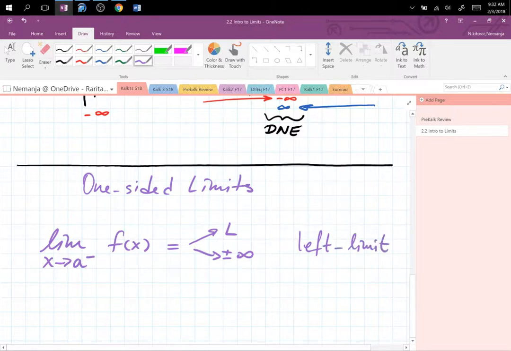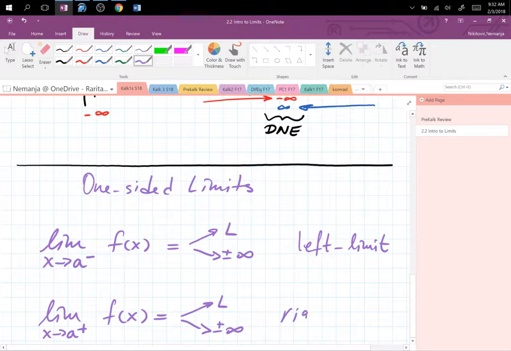Where you have to focus in your notation is right here. You see that little minus sign on a? And then the second one is the limit as x approaches a plus of f of x. It also can give you a finite value or positive or negative infinity.